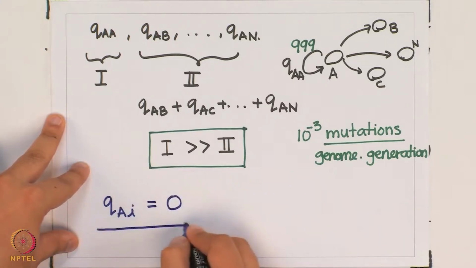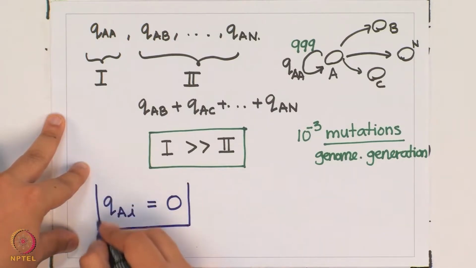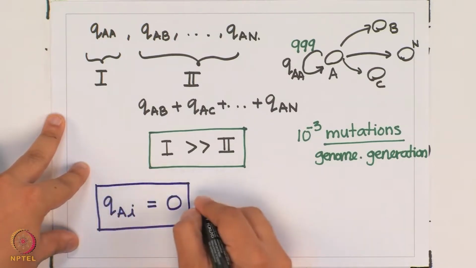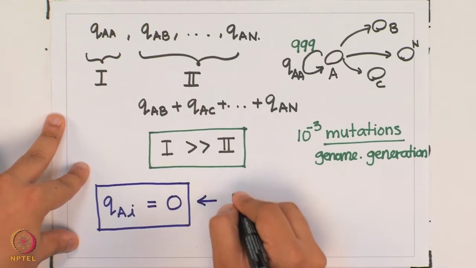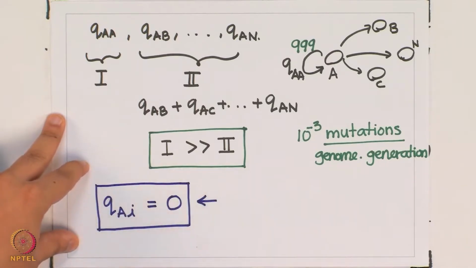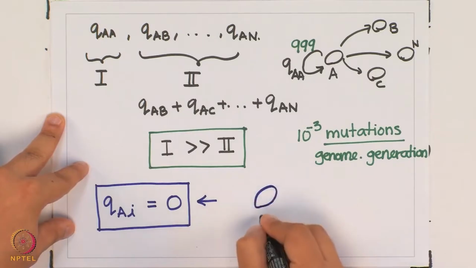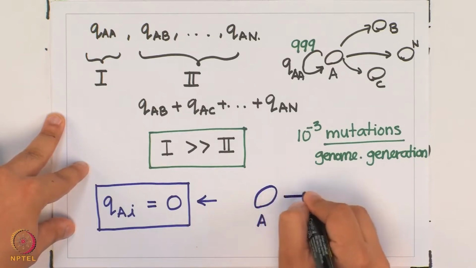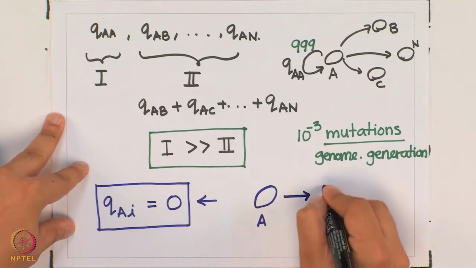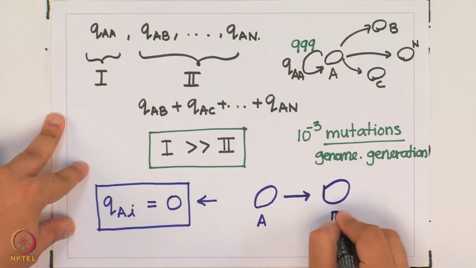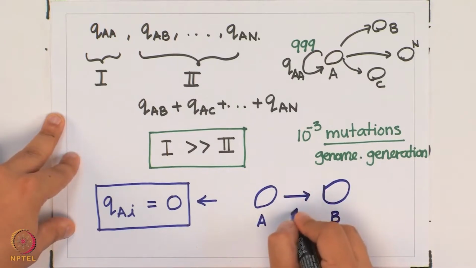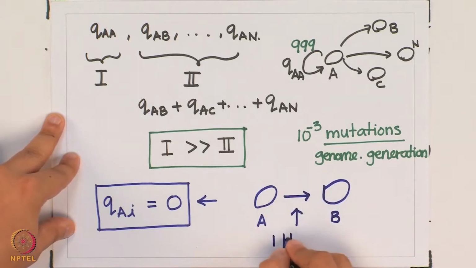This is possible because so far we are only talking of mutations occurring via point mutations, which are single nucleotide errors which DNA polymerase is making. If that's the case, then it's conceivable that genotype A gets mutated to genotype B. This happens via one point mutation.